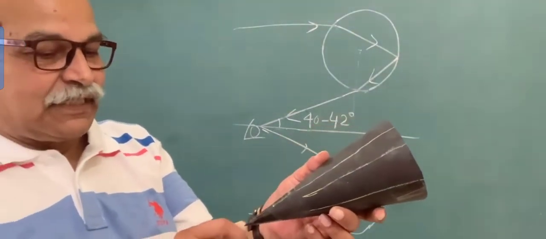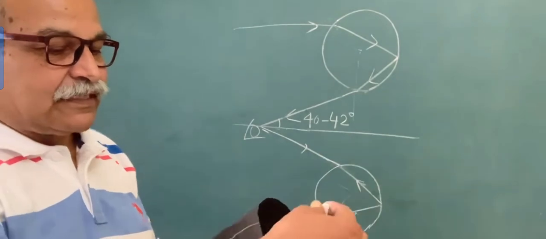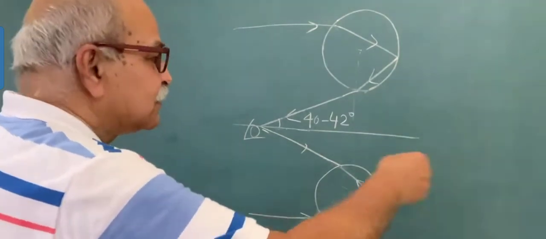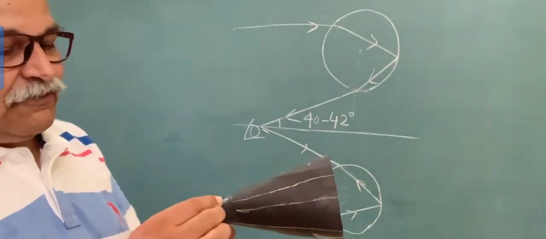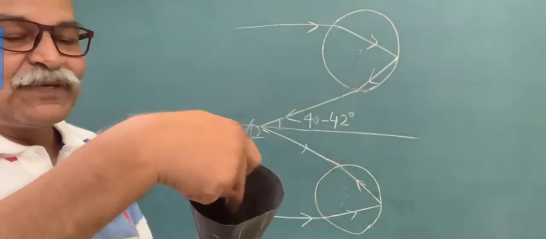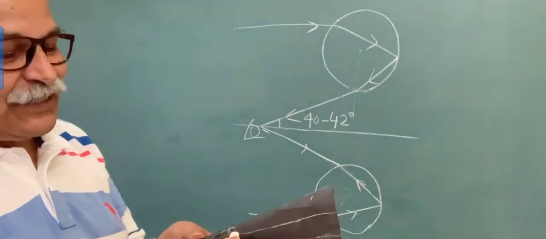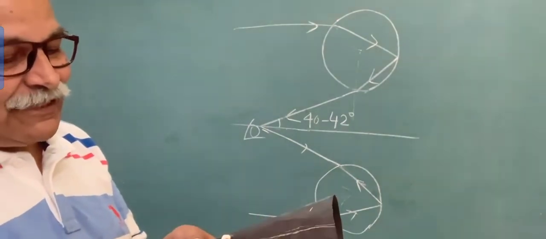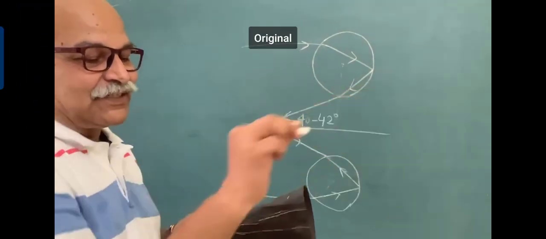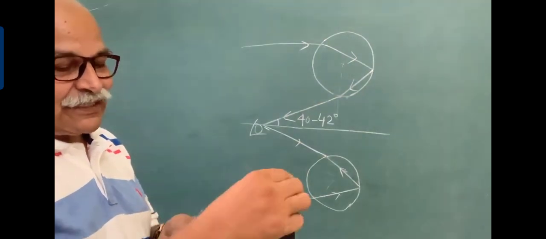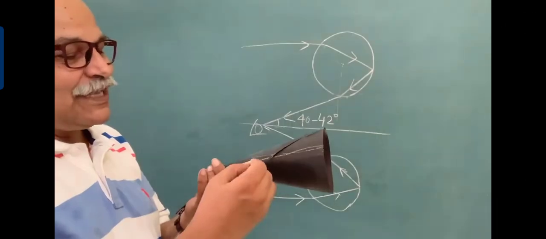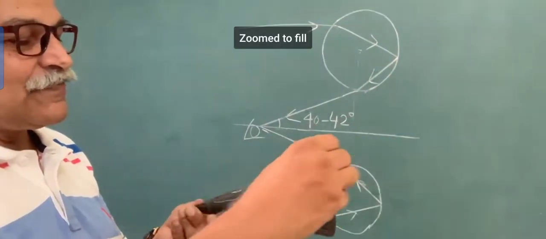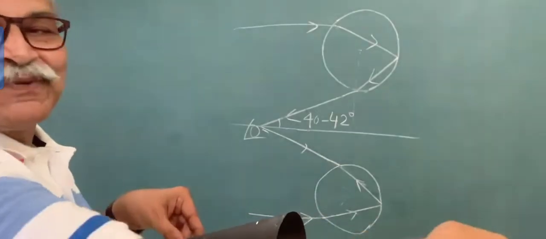Suppose this is my eye, and this is that horizontal line. The axis of this cone is the horizontal line, and this semi-vertical angle is 42 degrees. So draw any line on this cone. This one, yes, from that central axis, 42 degrees. This one, yes. Any line on this cone, all these lines are at 42 degrees from that same horizontal.